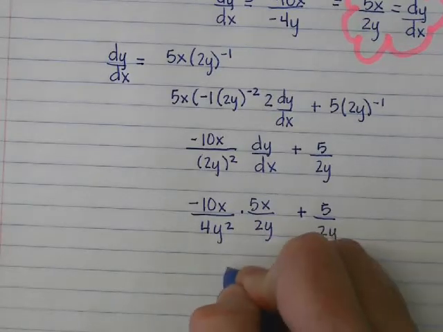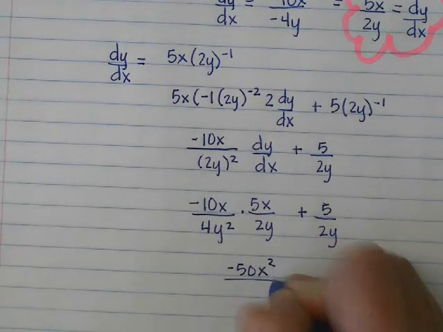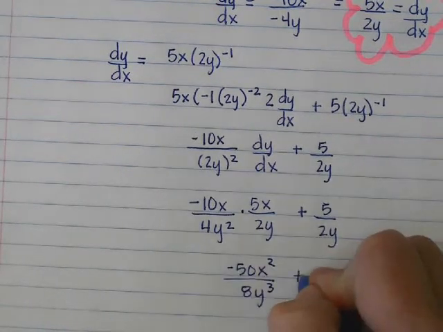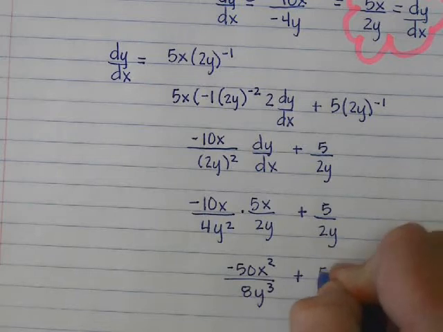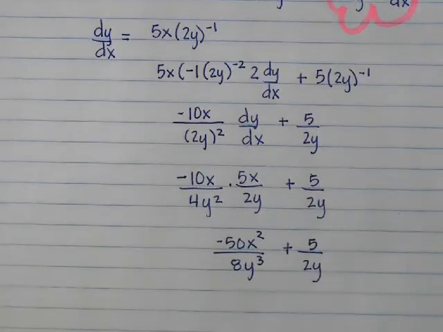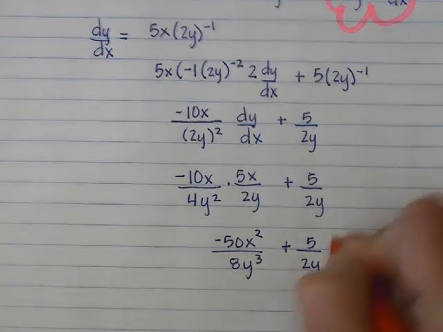All right, let's see what we have now. Right here, I've got negative 50x squared over 8y cubed plus 5 over 2y. So let's get a common denominator here. It looks like we're going to need a 4y squared.